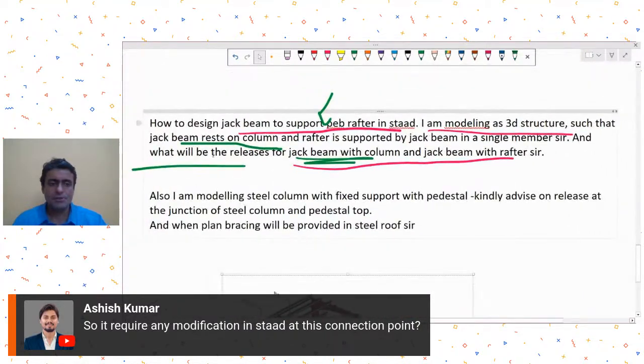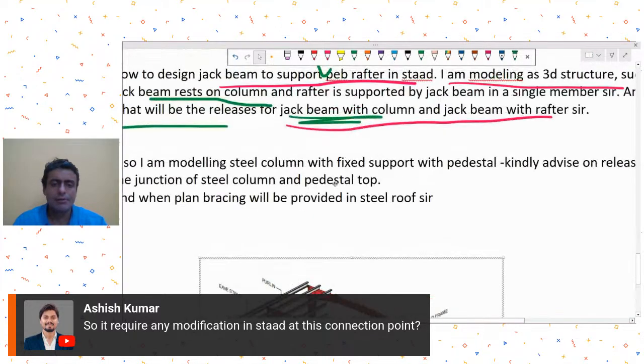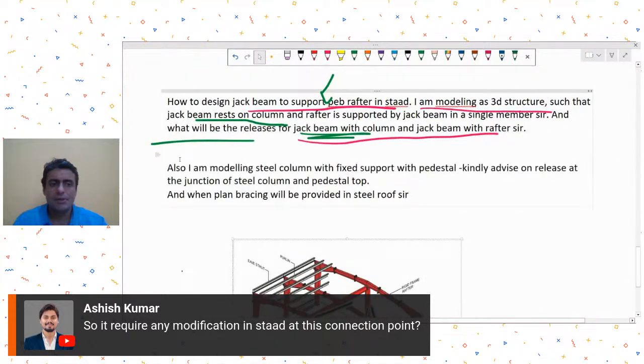The second question was about the design of the jack beam: just design it like a normal PB element that you do, nothing special or different over here. Then his second question was what will be the releases for the jack beam with column and jack beam with rafter.